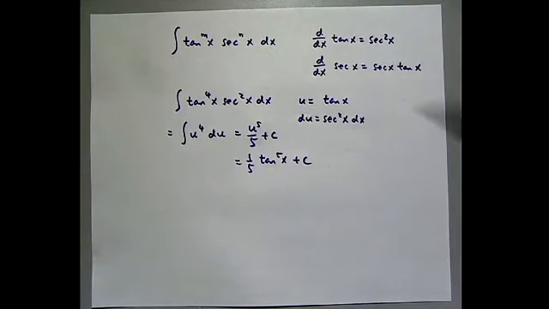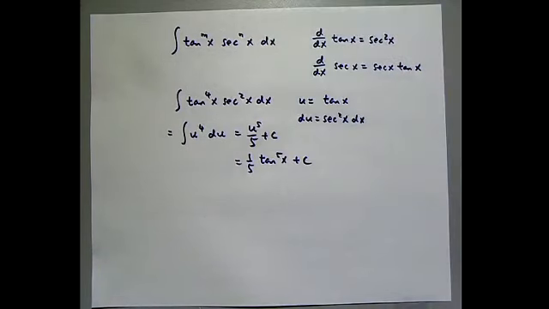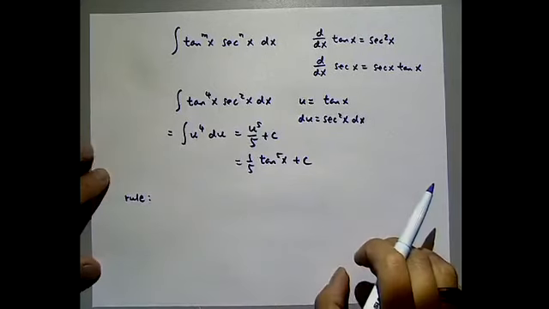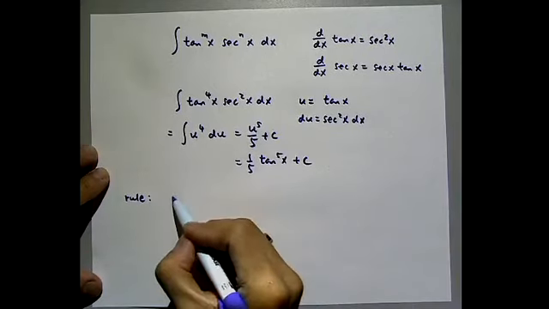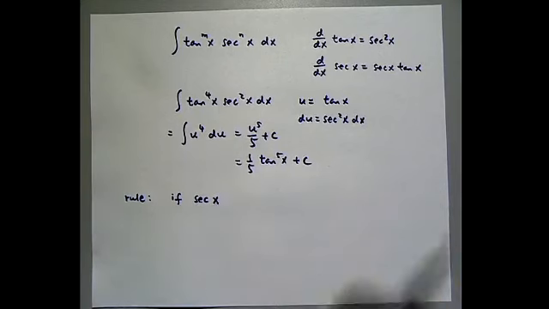It gets tricky when, for example, secant has a power of 3. Then we get a little bit of an issue here. So here's how we handle that. Very similar to how we handle cosine and sine. First, we look at the power of secant.